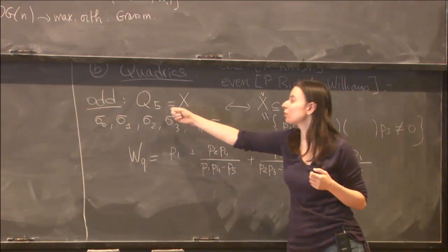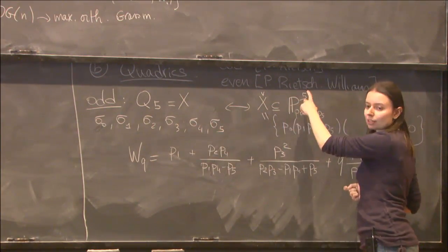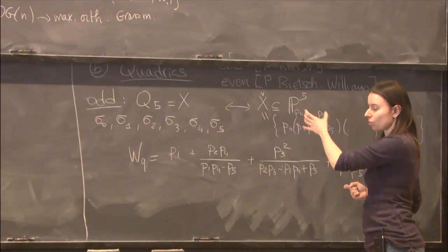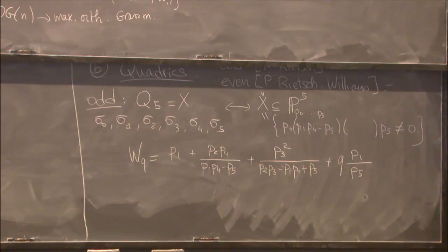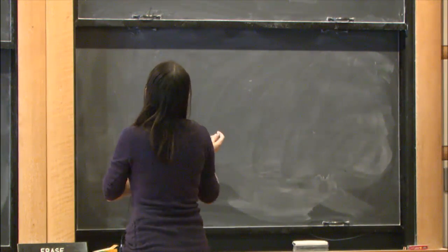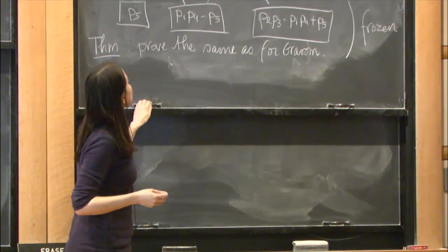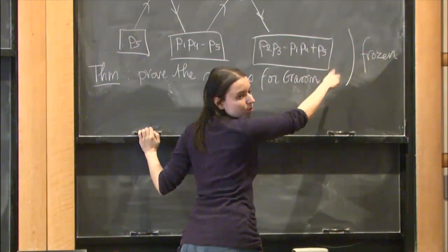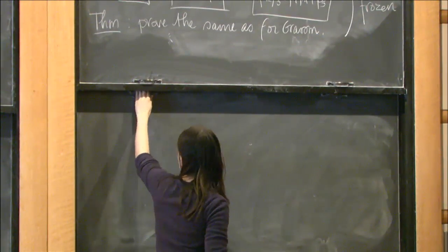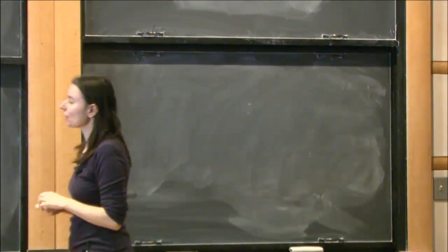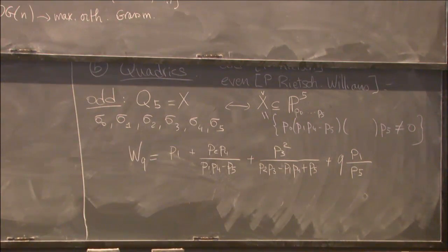So here, if you have Q4 instead or Q6, the mirror lives inside a similar quadric, and you get formulas that are not very different, and cluster structure also of finite type, but just with an extra arrow to a frozen variable here. So even though they don't live in the same type, the structure is not so different.